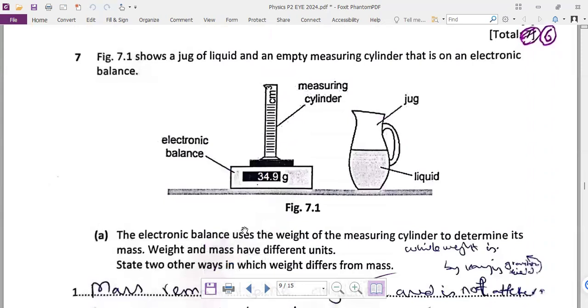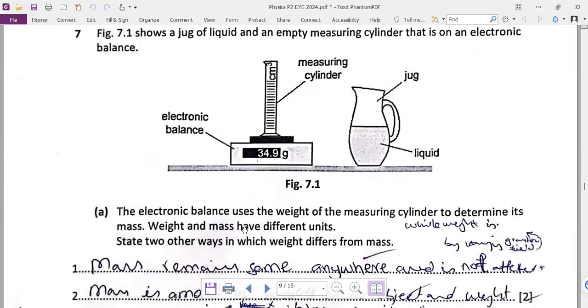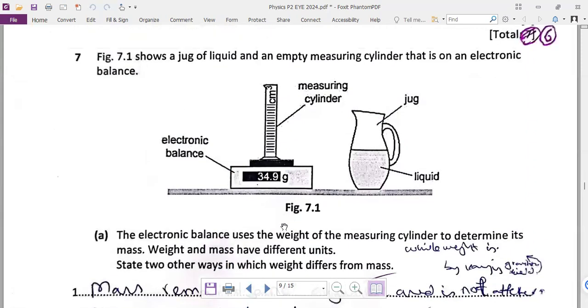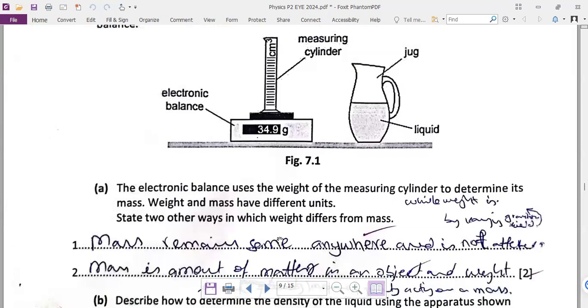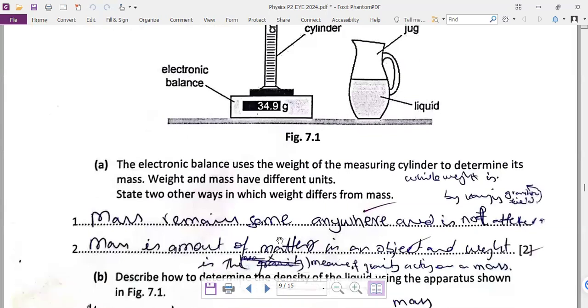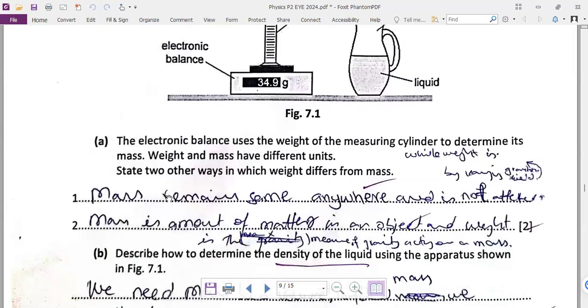Question number 7 is giving the density volume calculation. There is a scale, a reading on the measuring cylinder. It asks how mass and weight are different. The two things the student has written: mass remains the same, weight changes.